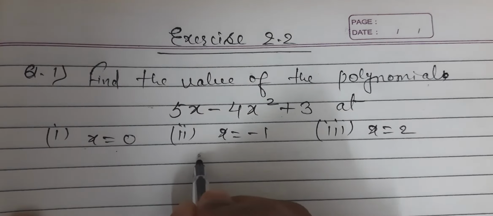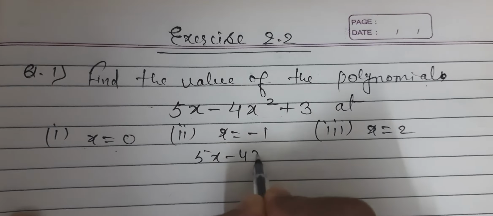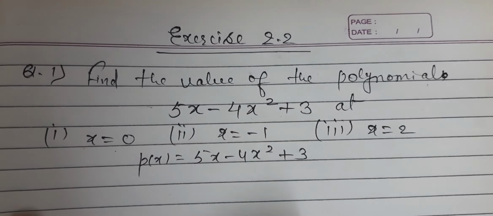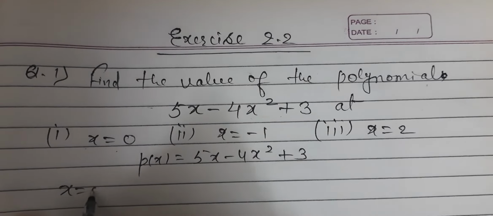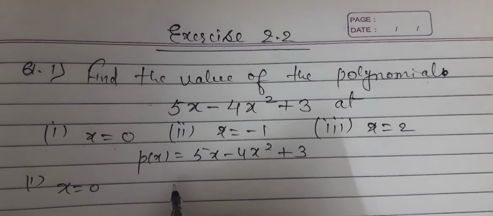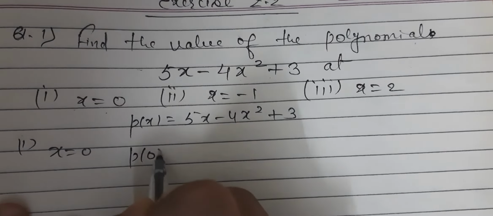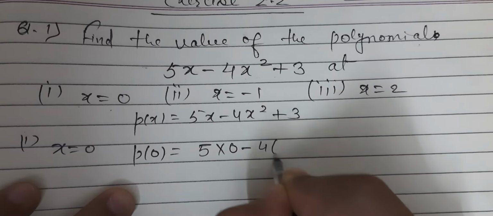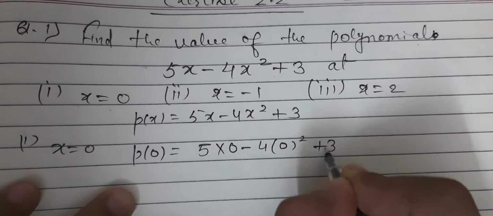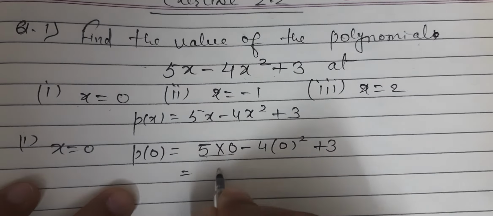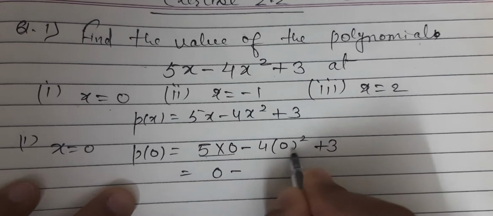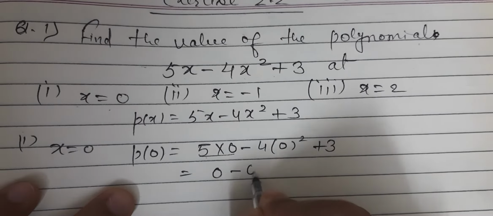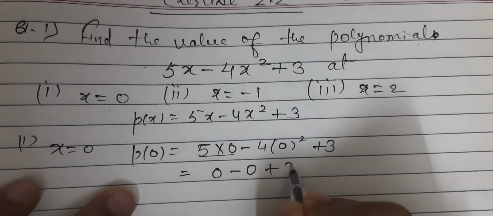So the polynomial is 5x minus 4x square plus 3. We'll write it as p of x. Now at x equals 0 we have to find it, so when we put x equals 0, we'll get p of 0. So 5 multiplied by 0 minus 4 times 0 square plus 3. 5 multiplied by 0 is 0, minus 4 multiplied by 0 square, which is 0, so 4 multiplied by 0 is also 0, plus 3.